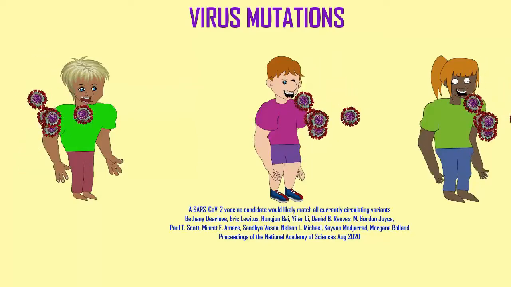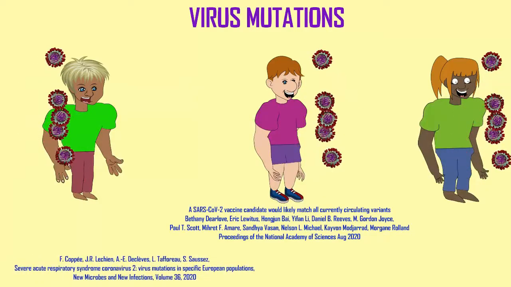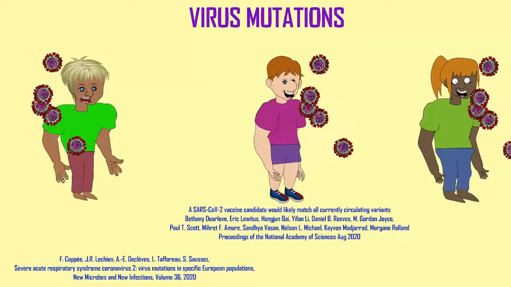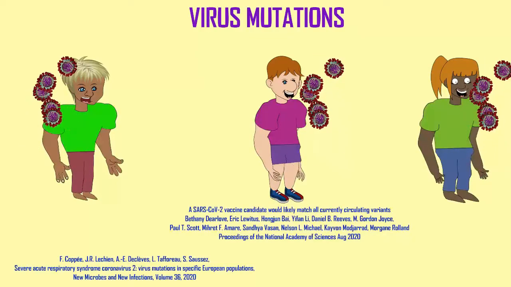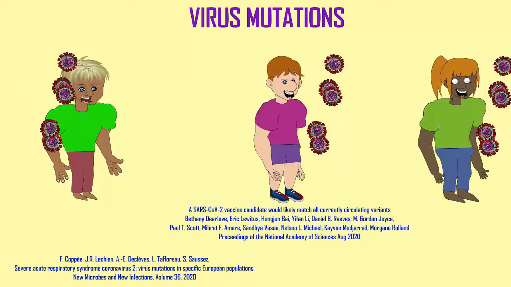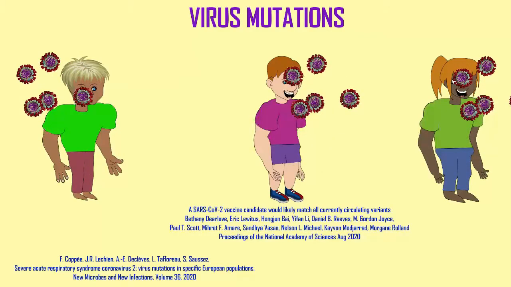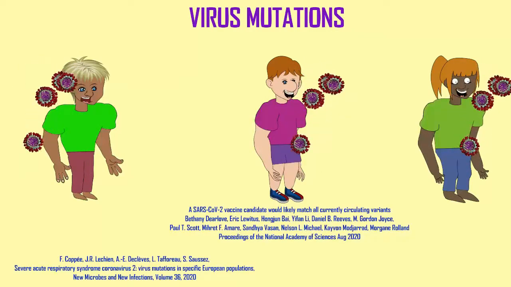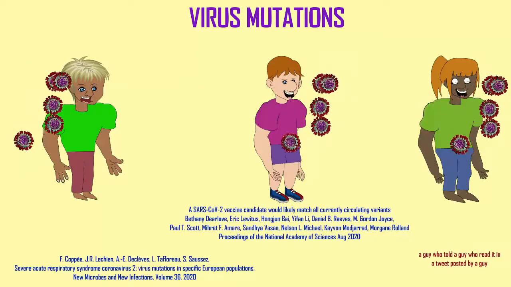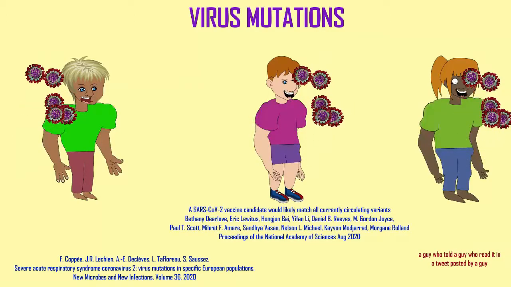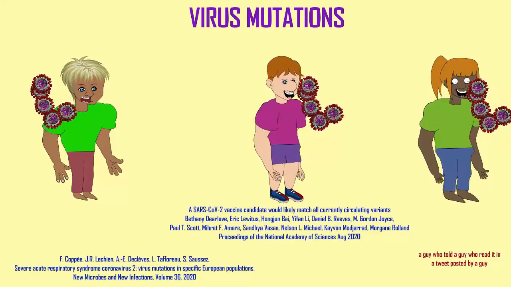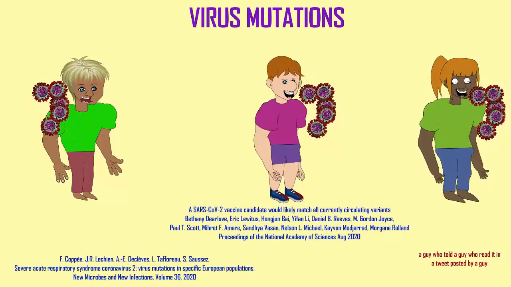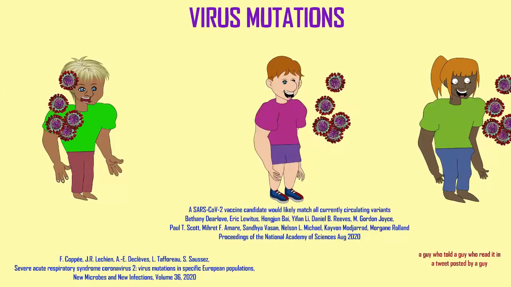Others are experts in the field publishing in another journal like New Microbes and New Infections, a journal which has high standards for what is published there. Other answers are essentially resulting from a guy who told it to a guy who read it in a tweet which was posted by another guy. Where will you seek the answers to these questions?